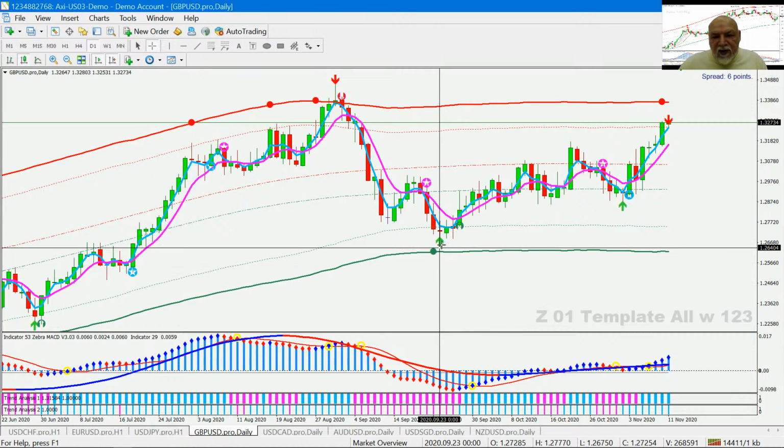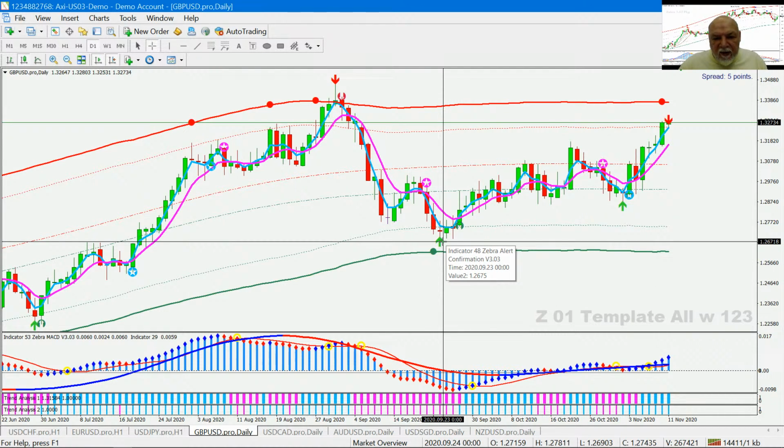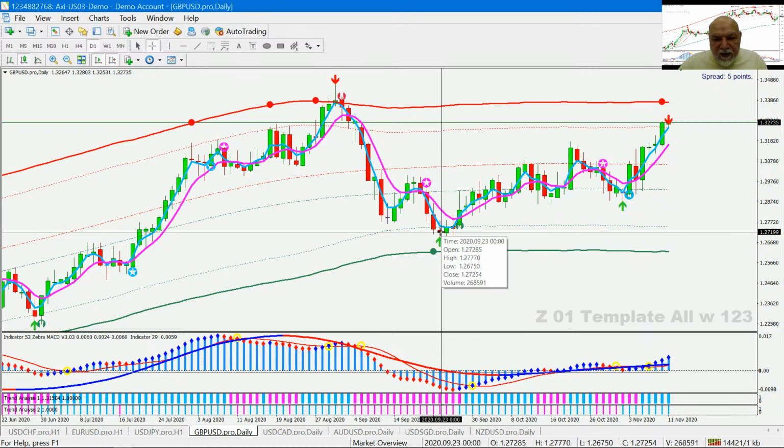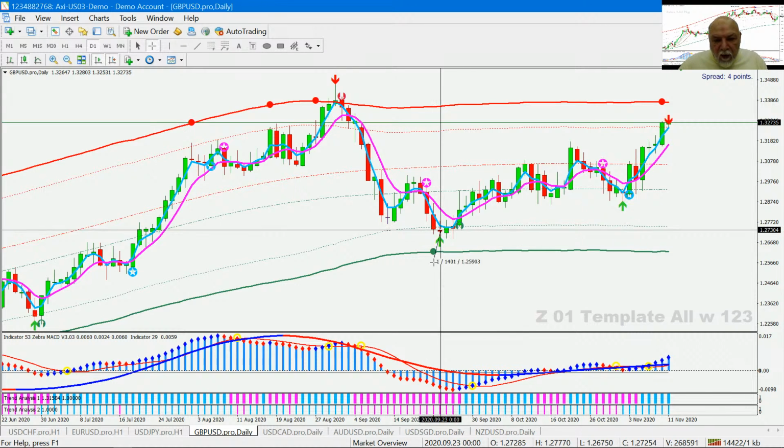But here's the thing, if you're doing that, you're going to risk on a daily chart here 130 pips to try to get 500 pips. Now, what I see here, it's going to take you 33 days to make that 500 pips, okay?